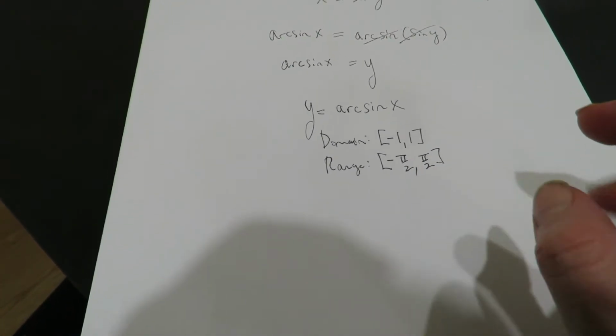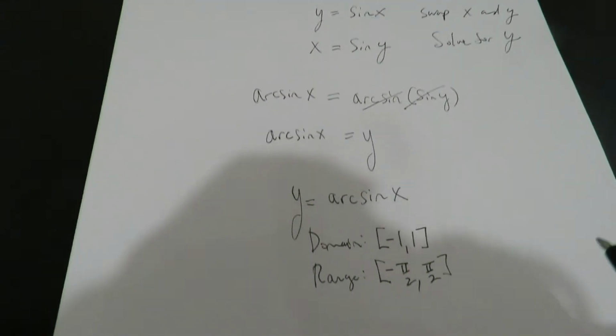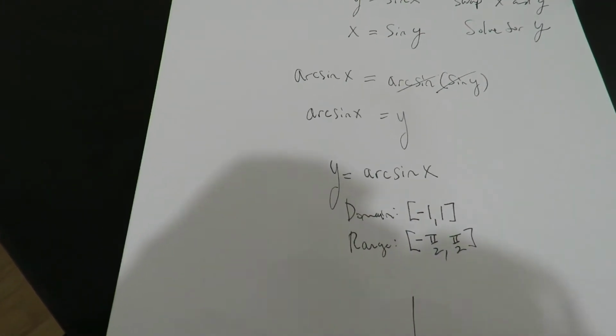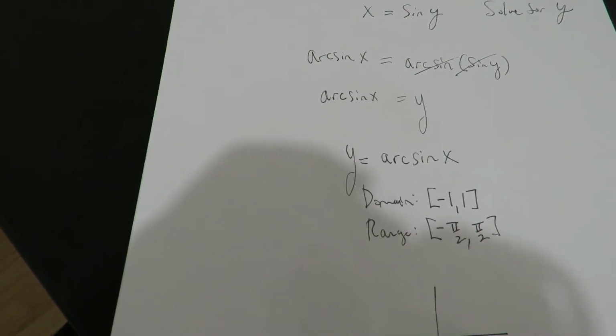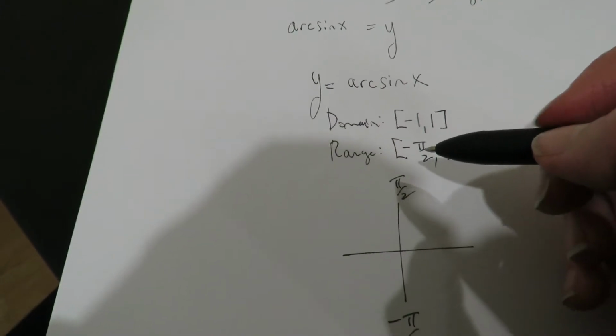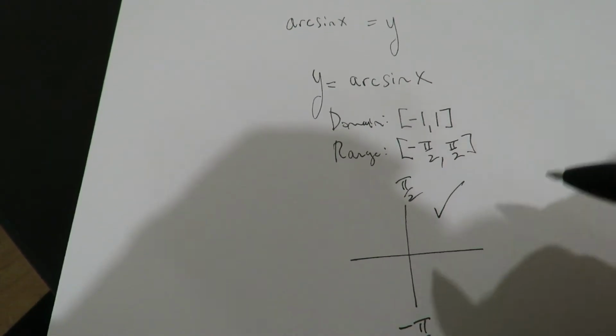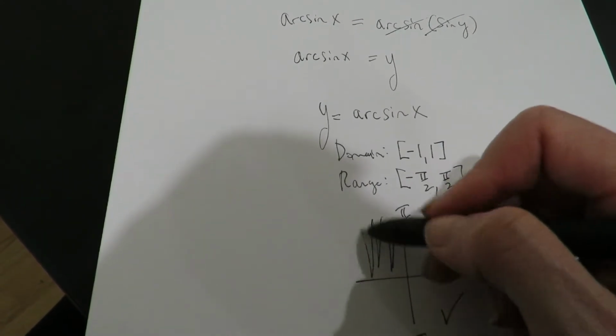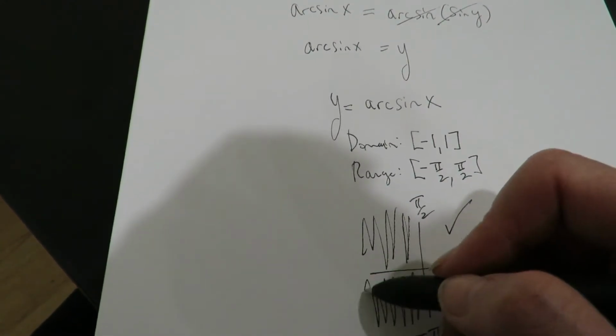But that's the idea. This particular function can only output those angles and nothing else, just that specific range. Now, what's also important is that you're allowed to rotate from negative pi over 2 to pi over 2. Quadrant-wise, it's only letting you be in quadrant 1 and quadrant 4. You cannot give me an angle from quadrant 2 or quadrant 3.